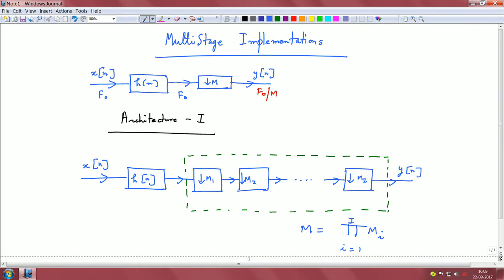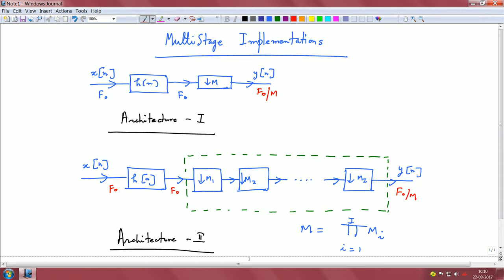So this is possibly another architecture, architecture 2, and both of these architectures guarantee us at the output we are still at a rate f naught upon M, and this is f naught. At this stage it is also f naught.